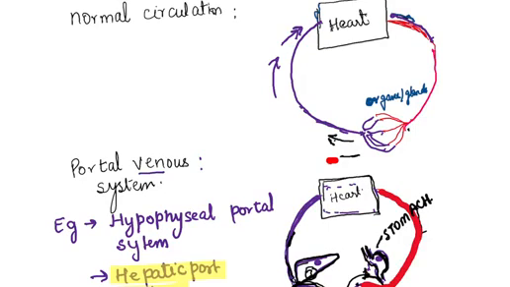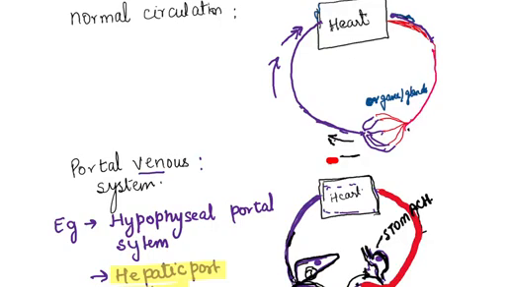So why do we need the portal venous system? The portal venous system allows direct transmission of substances from one organ to another organ without spreading them throughout the systemic circulation. So the products of digestion from the stomach will remain in the portal venous system rather than going into the systemic circulation.